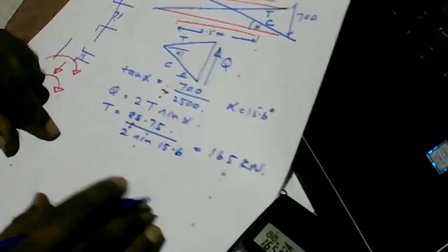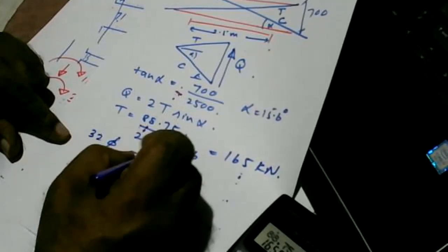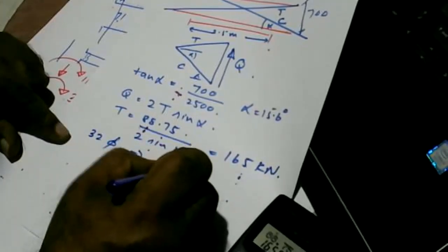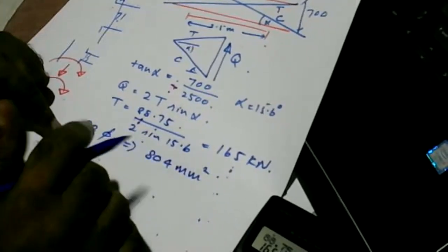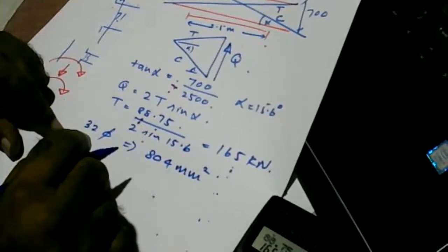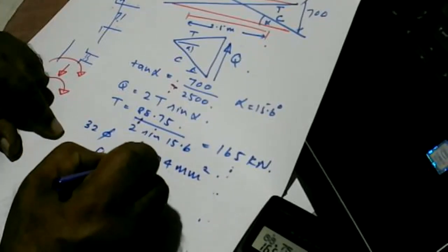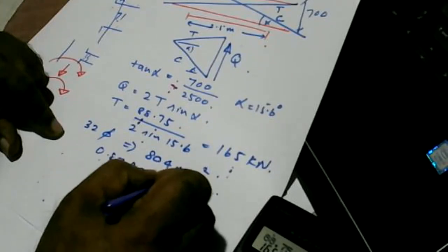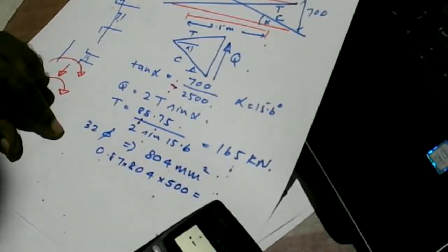And if you consider a 32 diameter bar, the area of a 32 diameter bar is 804 square millimeters. So 0.87 times 804 multiplied by 500 will give us the load that this bar can carry.